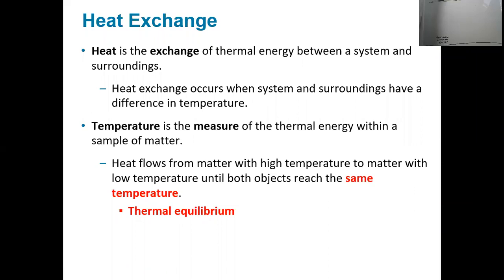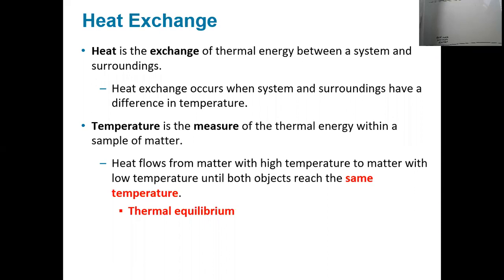And we're back. So now we're going to talk about heat exchange between the system and the surroundings. That exchange is going to occur whenever the system and the surroundings have a different temperature from one another. And the temperature is the way we're going to measure the thermal energy difference between those two things.